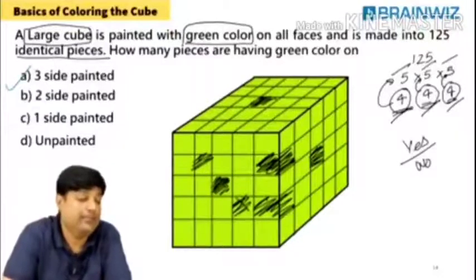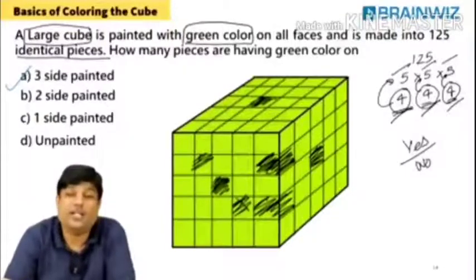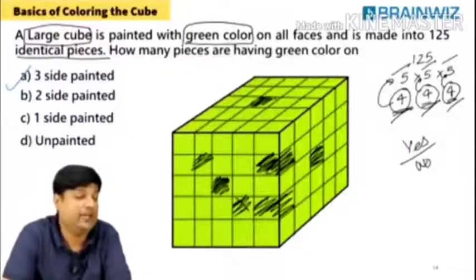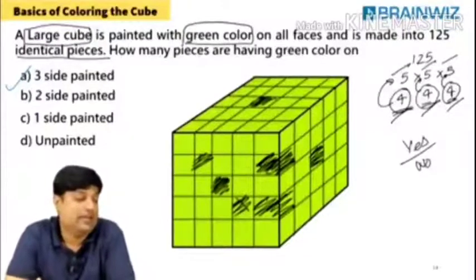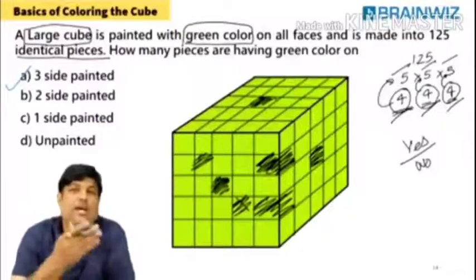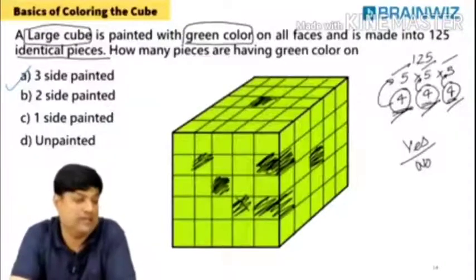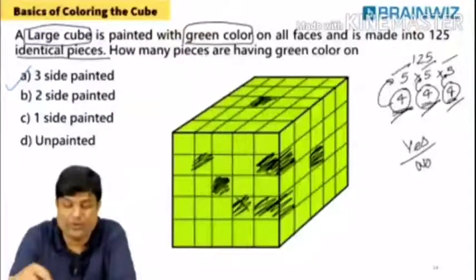Corner. Vilas Babu is saying corner. Four corners. 8 corners. Anusha is saying 8 corners. Are you understanding everybody? 4 plus 4: front 4, back 4. Corners. I'll show you. Look at that.